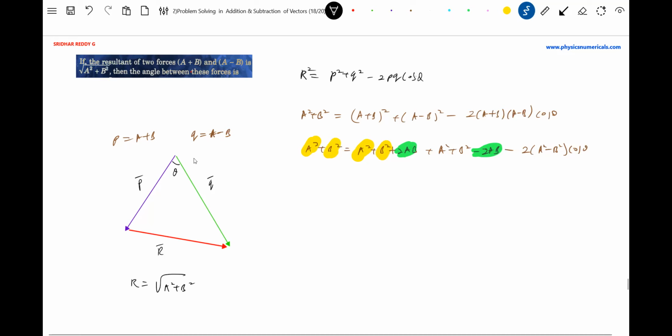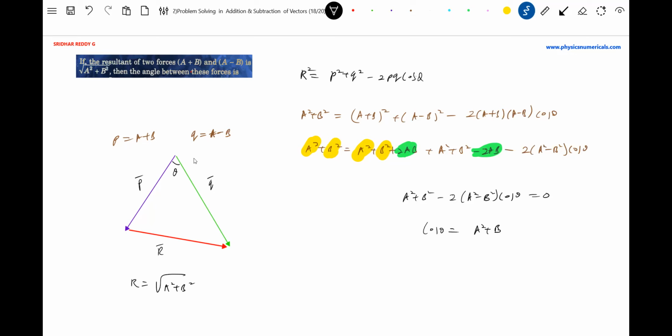The leftover terms are A square plus B square minus 2 times A square minus B square cos theta equal to 0. So therefore cos theta, what can we write?